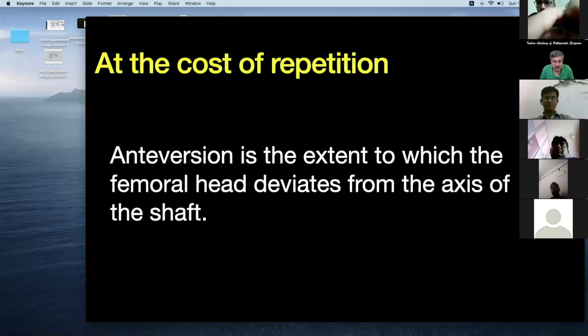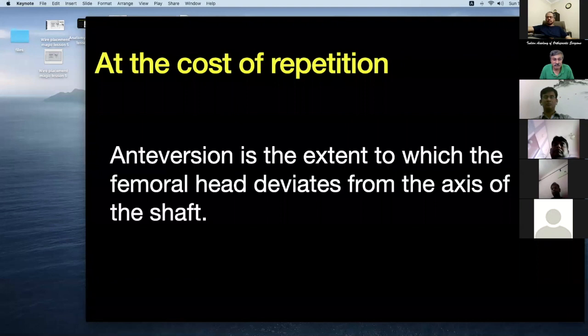At the cost of repetition, anteversion is the extent to which the femoral head deviates from the axis of the shaft. Why I am repeatedly telling this is, even a 5 to 10 degree mishap in anteversion will cause a dislocation of a hip, even if it is a large-headed hemi or a bipolar.